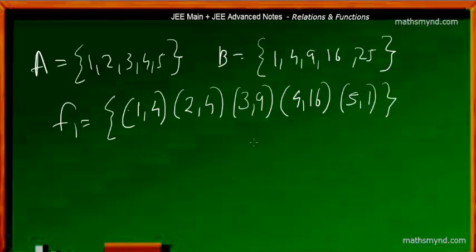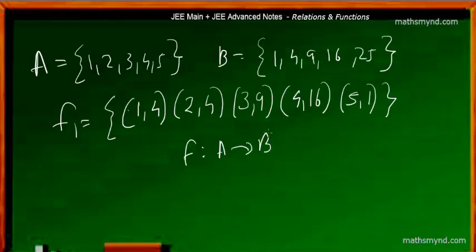Okay, if this is a function from A to B, so this is a particular function from A to B. We have created a particular function from A to B, and you have 5 ordered pairs. Naturally there would be 5 ordered pairs because all elements of set A ought to be represented.